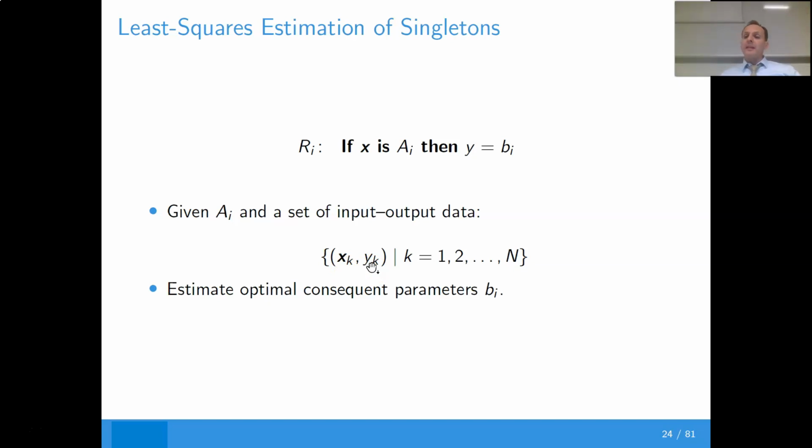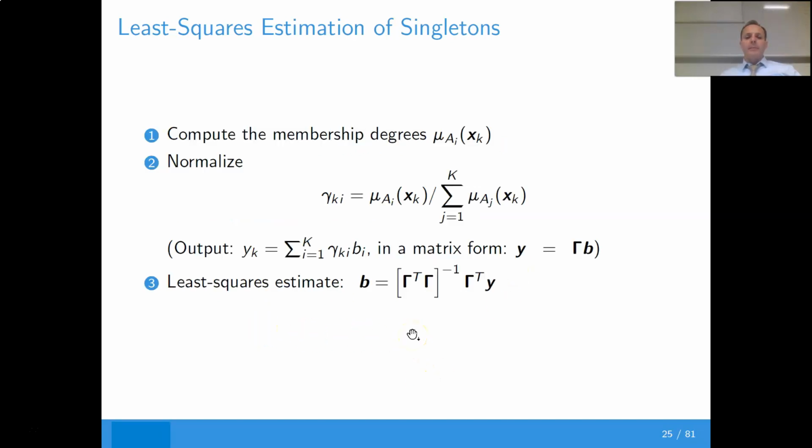We are assuming single output processes, because it is simpler to manage this case, and k is the number of data. So we are considering a number of data equal to capital N, and we will see how to estimate the optimal parameters.